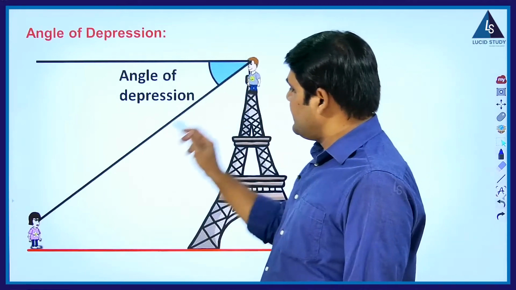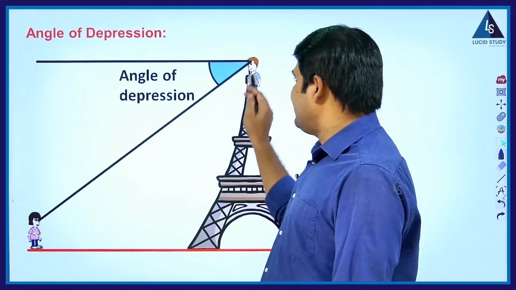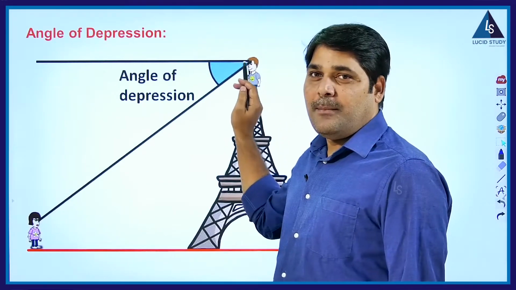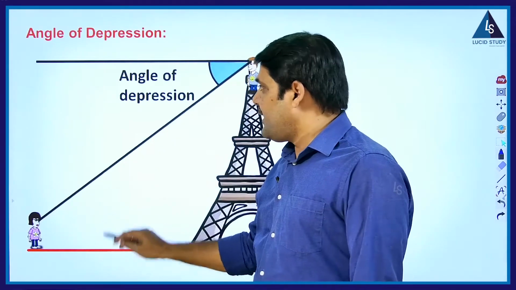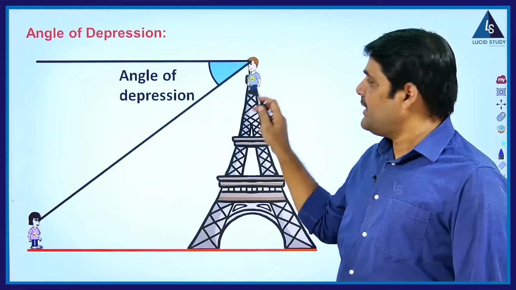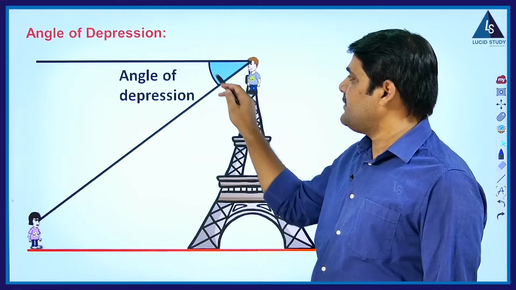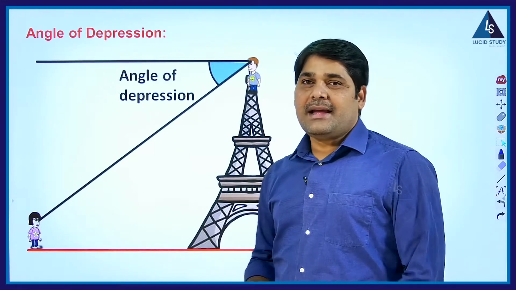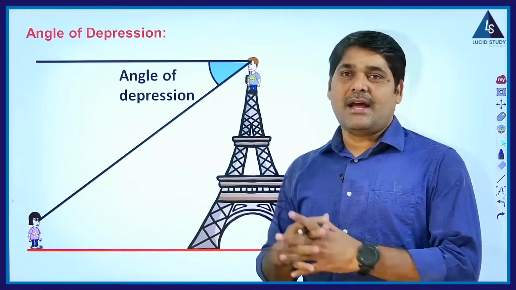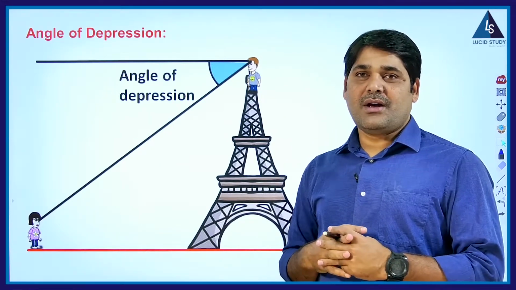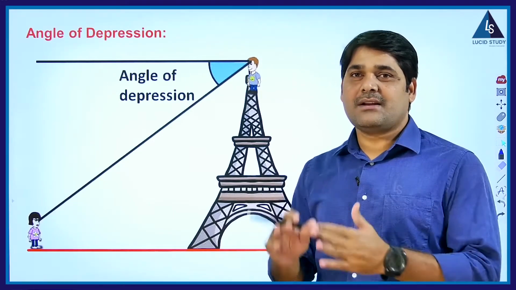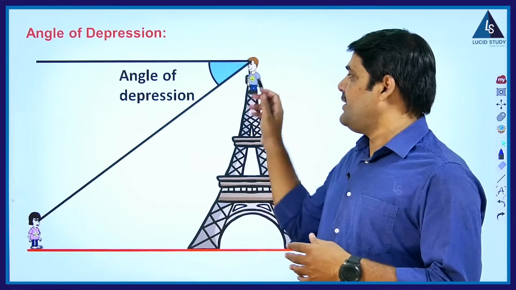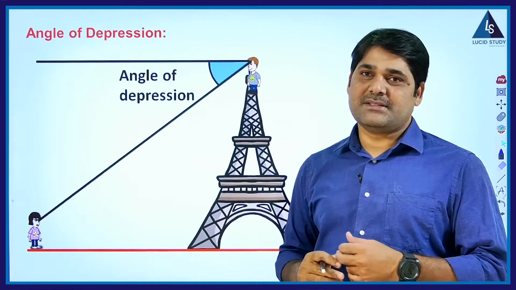From here, if you draw a line parallel to the earth, the angle made by the line of sight with this is called the angle of depression. Angle of depression means if you are to see objects which are lower than you, shorter than you, then we will go for the angle of depression.